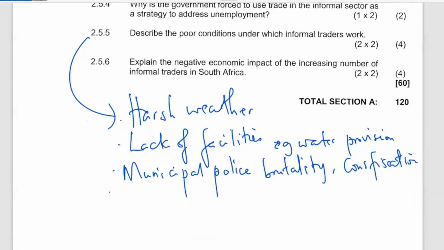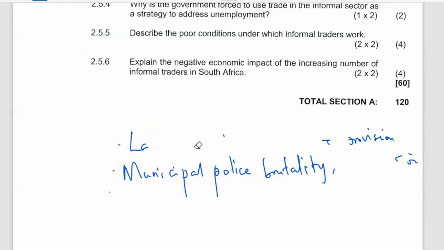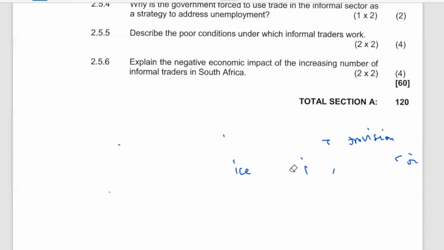Right. Going to the last question. Explain the negative economic impact of the increasing number of informal traders in South Africa. The increasing number of informal traders, what negative economic impact is it going to have? Right.